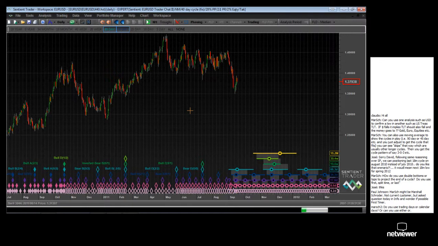And the most basic cyclic principle that Sentient Trader will refuse to break is it will not allow a cycle to be less than 65% of its nominal length, and it will not allow a cycle to be greater than 150% of its nominal length. If you have an expert model that requires that to happen, then it will reject your expert model.